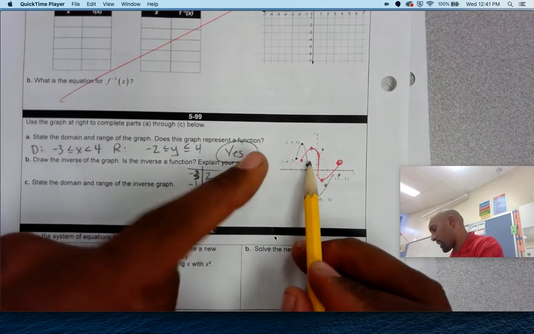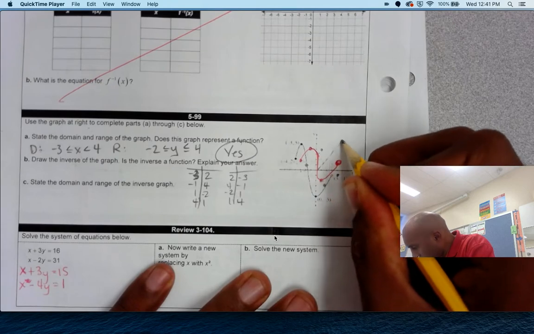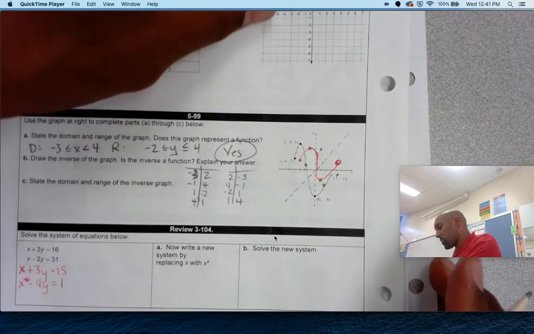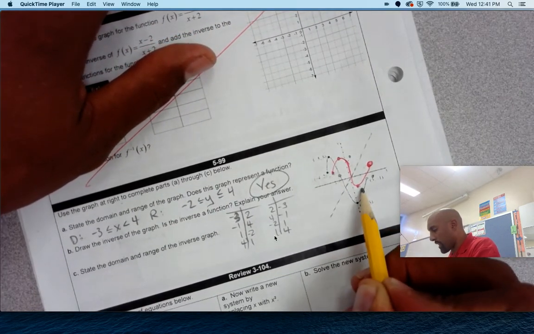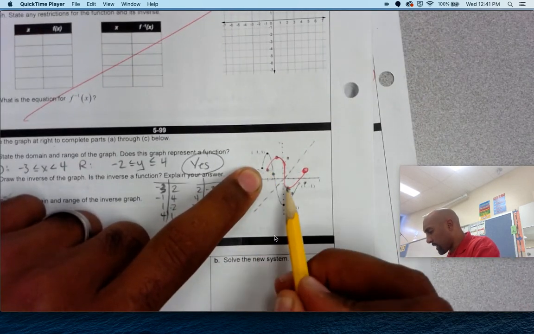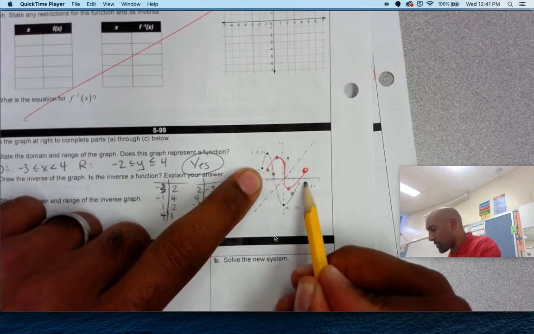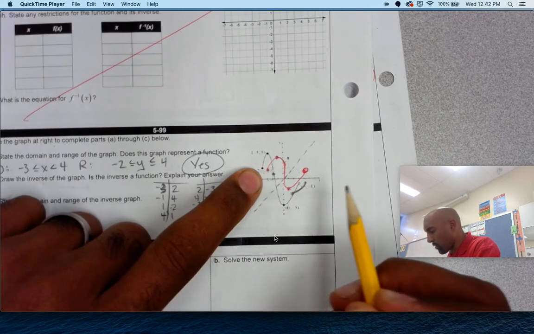I've got to take this graph and kind of flip it over. So here, I'm going to draw this little line of reflection. Okay, so this point is that point right here, right? So this point is the same as this point on the graph. It's just flipped over. And that means this point is the same as that point. So these two points are connected. They create that curve.